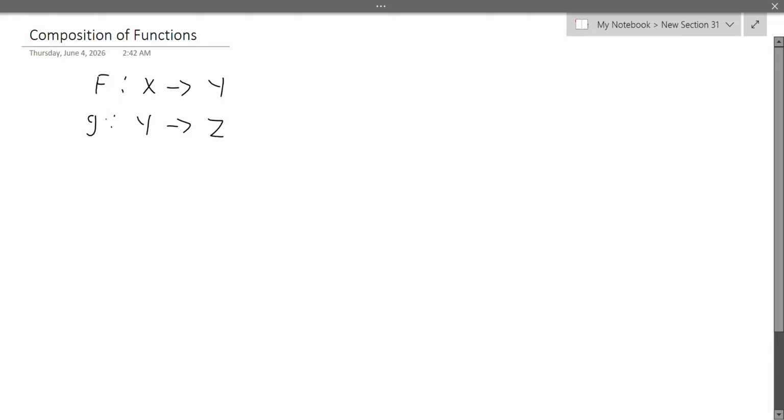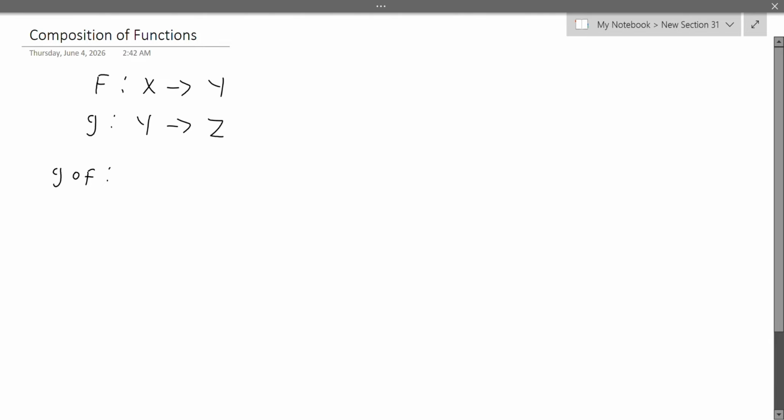So what does the composition of g and f mean? So composition is also a function, a new function. And what is it all about?